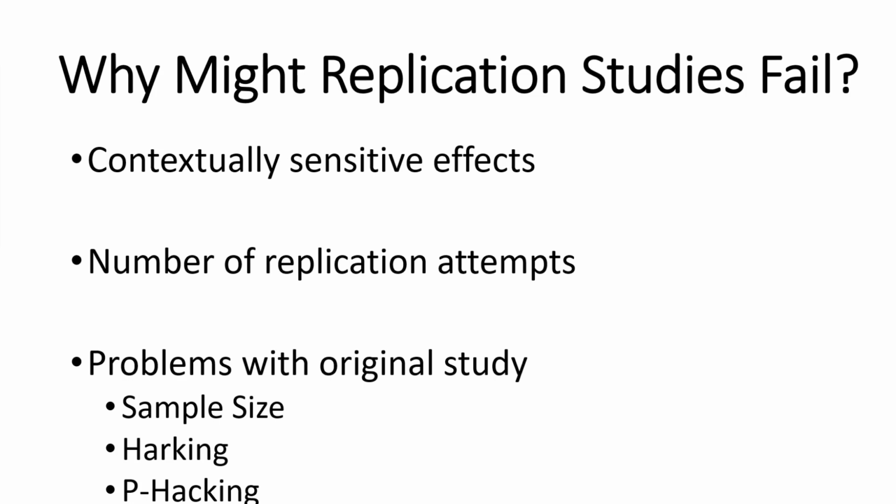Another problem that can be run into is called p-hacking. So if a researcher has run a study and they're checking their statistics and they find that instead of a p of 0.05, maybe they have a p of like 0.055, just a little bit above that cutoff for significance.